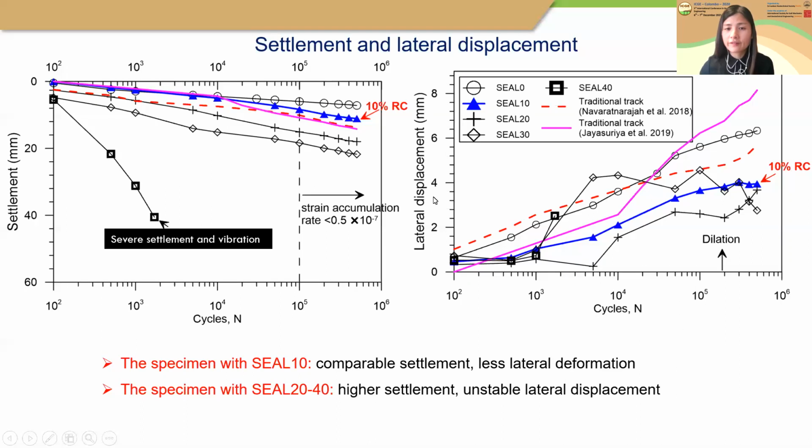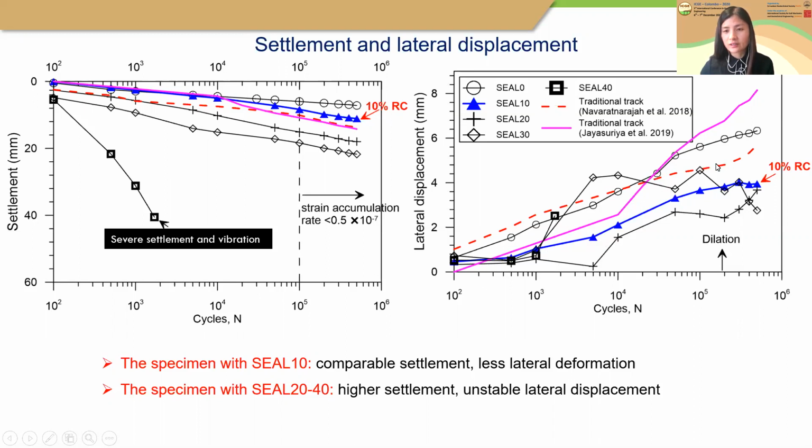And then for the lateral displacement, this is for the 0% rubber, and this is for the 10% rubber in the seal. As you can see, after we add 10% rubber, there is a significant reduction in the lateral dilation. And then here is 20%, and then 30%, and then 40%.